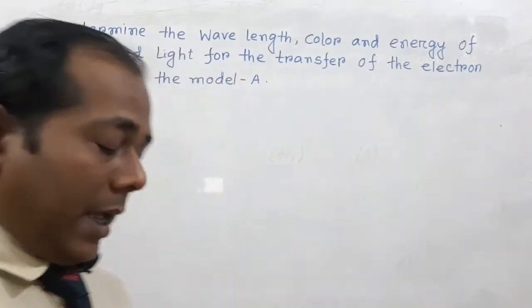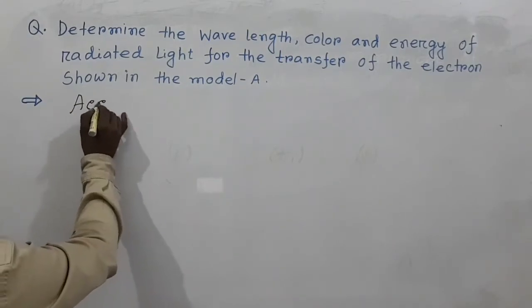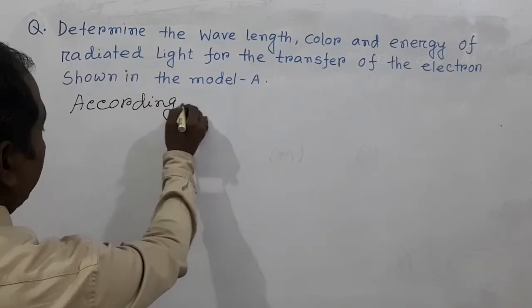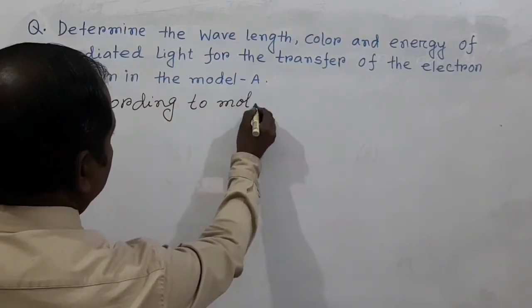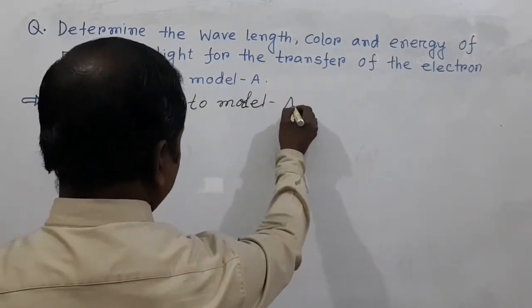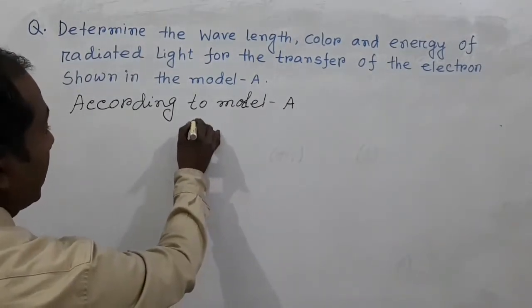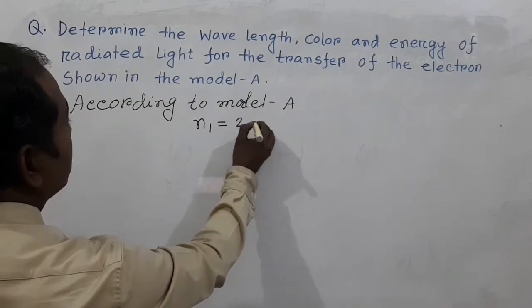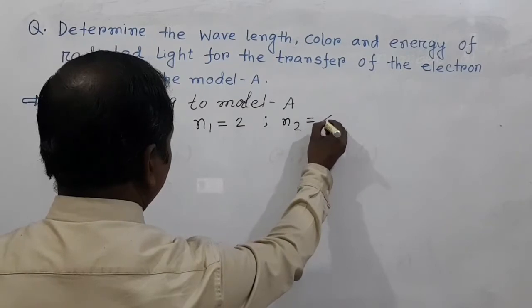So, according to model A, we can say that n1 equals 2 and n2 equals 4.